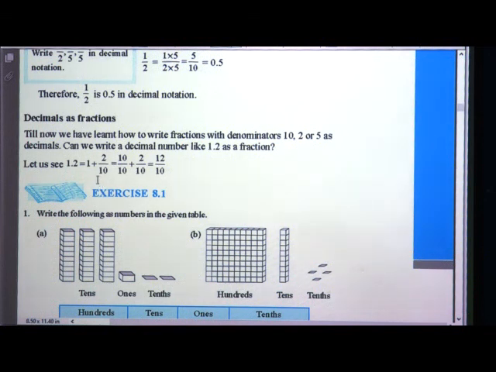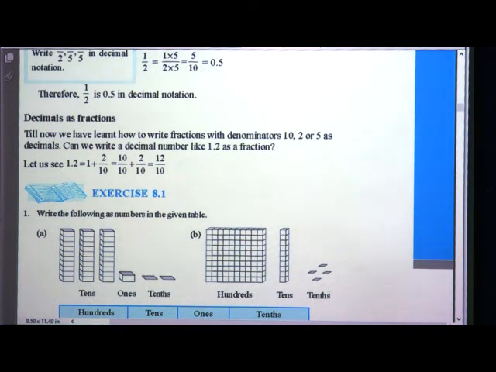The whole number 1 means it is 10 by 10. So, 10 by 10 plus the 2 by 10 part. So, 10 plus 2 is 12 and the same denominator, that is 12 by 10.